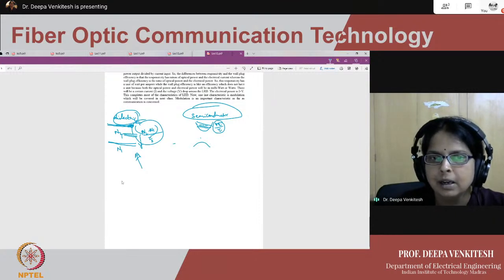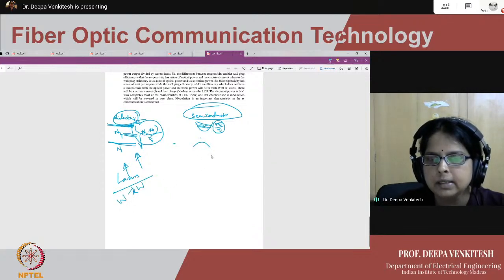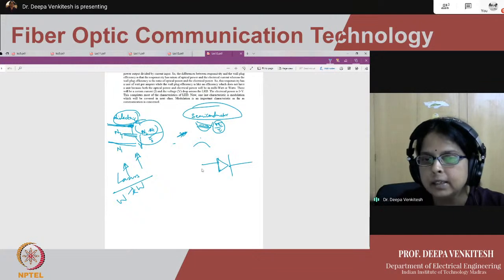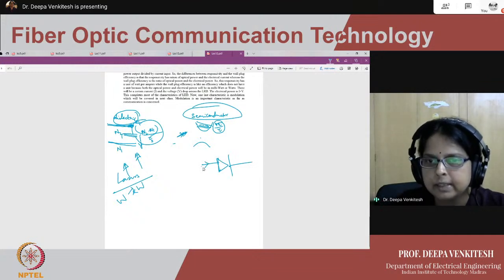For example, you can make lasers from these dielectric sources which are of the order of watts or even kilowatts. But in a semiconductor system, to create this inversion, whether a semiconductor laser or LED, you will have to send a current.